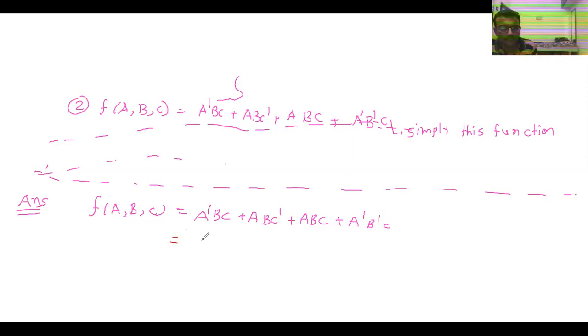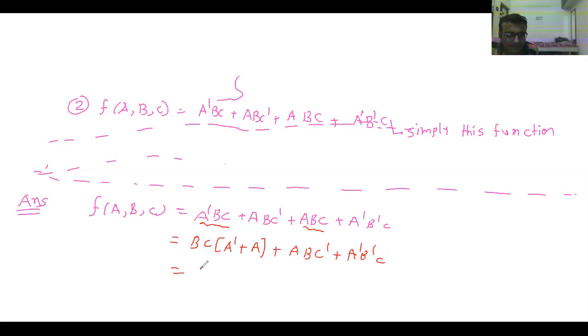Now see, consider this term and consider this term. BC is common. So BC common, bracket a dash plus a, plus a b c dash plus a dash b dash c.